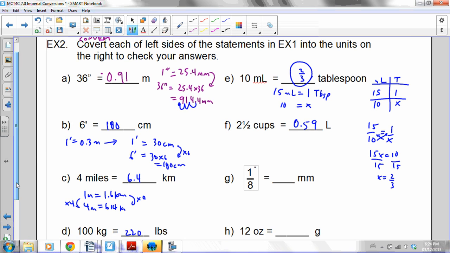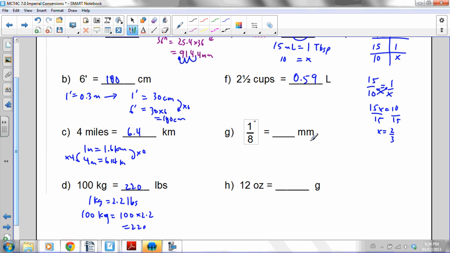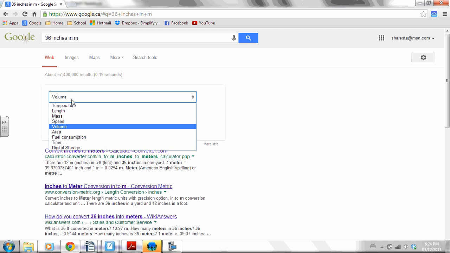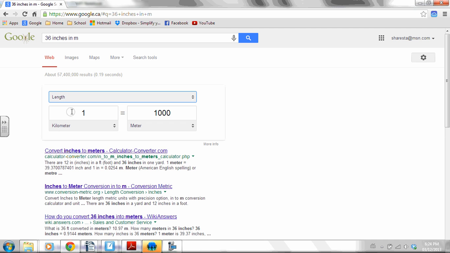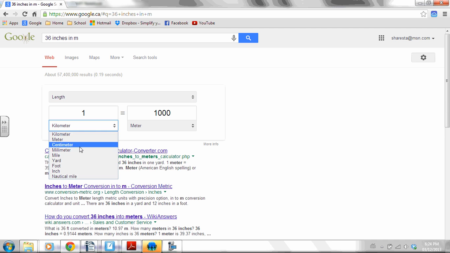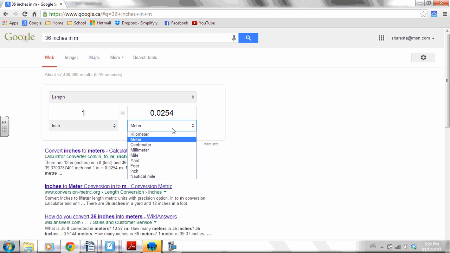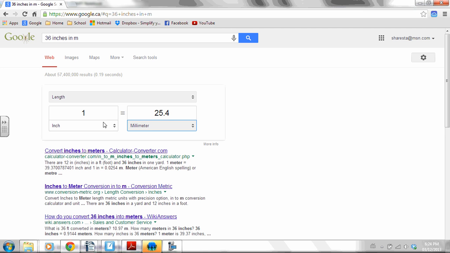This one, 1/8 of an inch, is equal to so many millimeters. I suppose we could go back to Google, right? How am I going to put 1/8 in there, though? And notice it's not volume. 1/8 of an inch is a length. And I want it in inches here. And this is supposed to be millimeters. And there's that 1 inch.